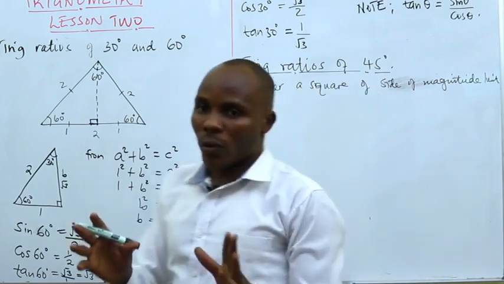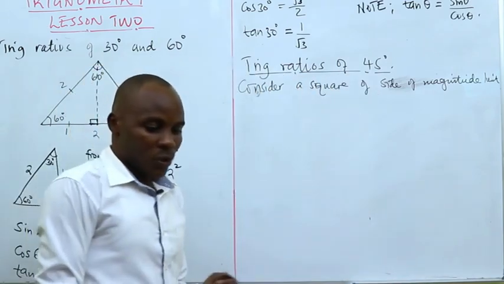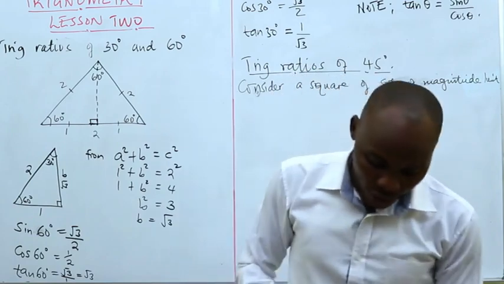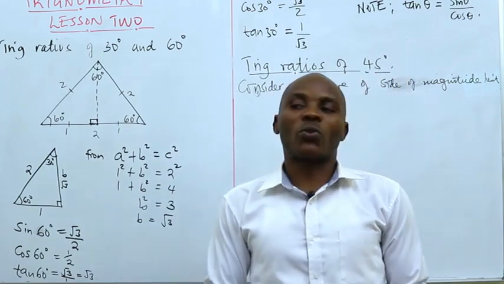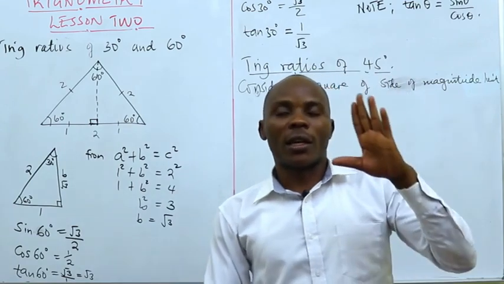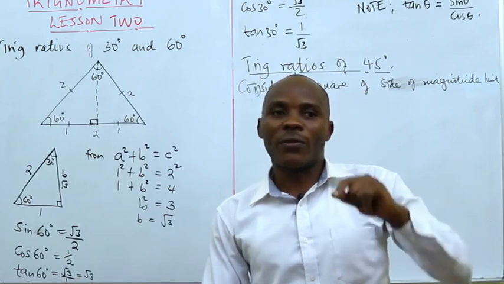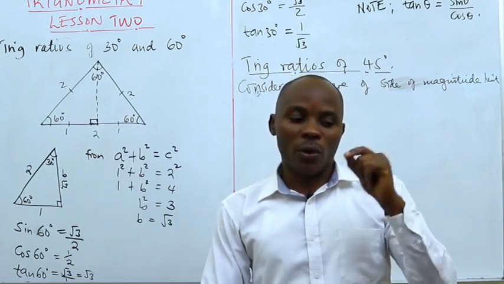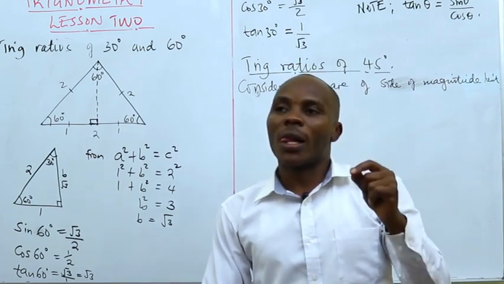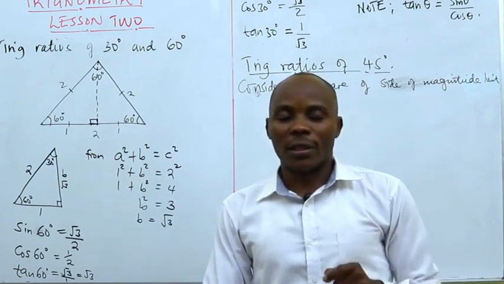Now, we all know features of a square. We all know features of what? A square. Features of a square is a four-sided figure with all angles equal and sides equal.